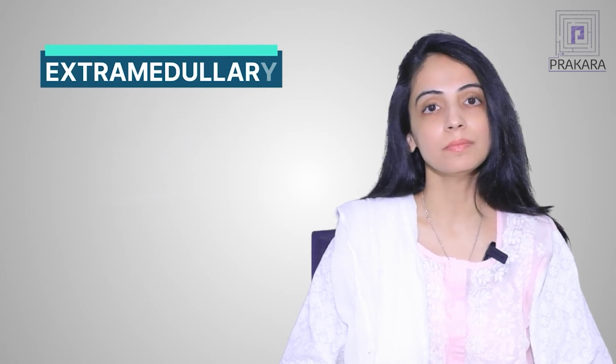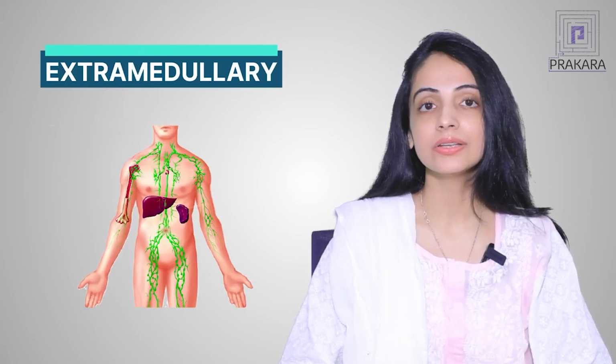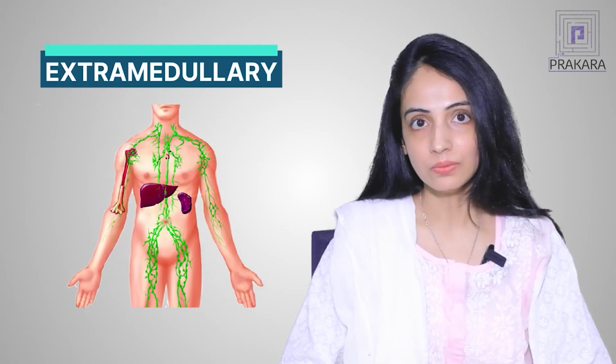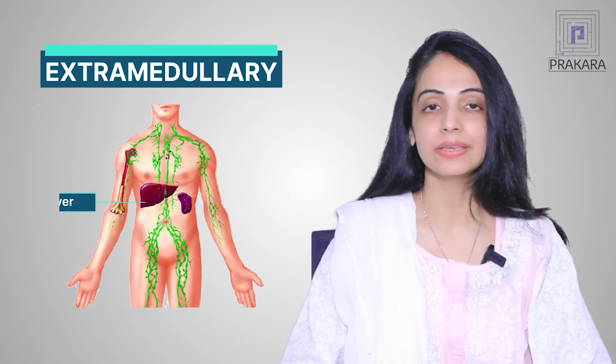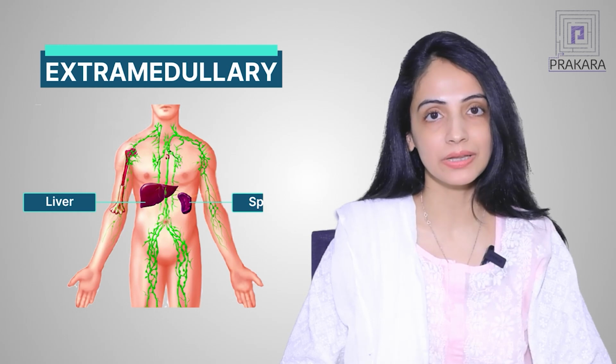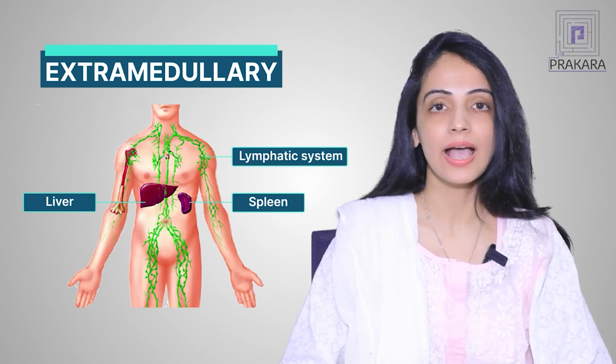Whereas extramedullary hematopoiesis, that is, occurring outside the bone marrow, occurs in organs such as the liver, the spleen, lymph nodes and thymus.